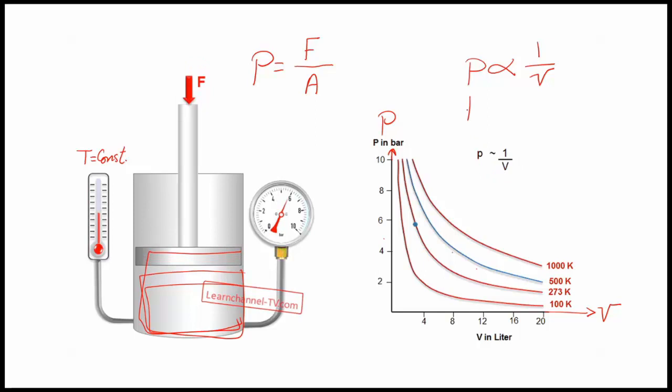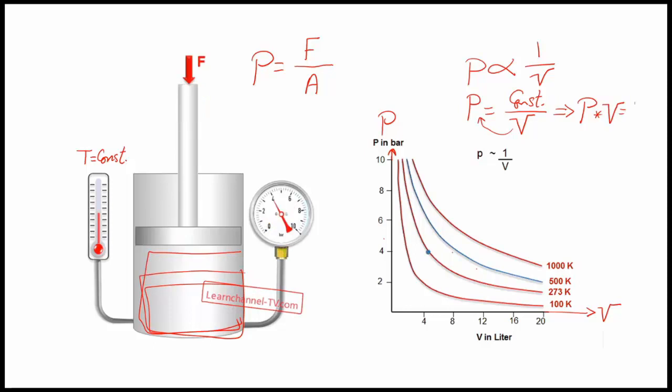So we say mathematically that pressure equals a constant divided by volume. This is proportionality. So take the volume to the other side, it goes to the numerator. So I can say that P times V equals this constant. What does it mean that P times V is constant?